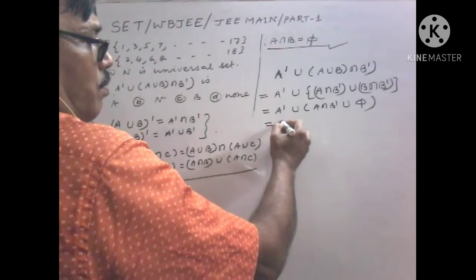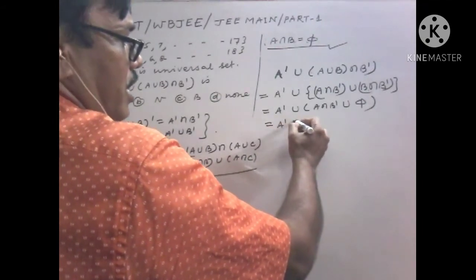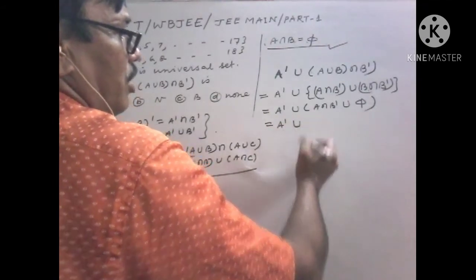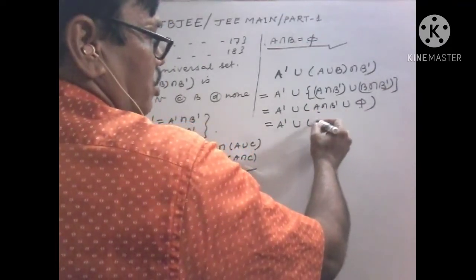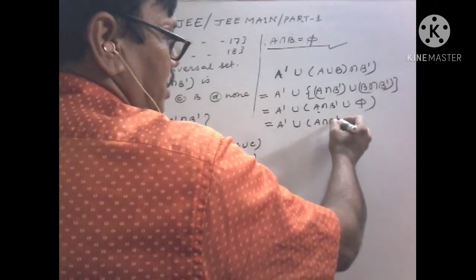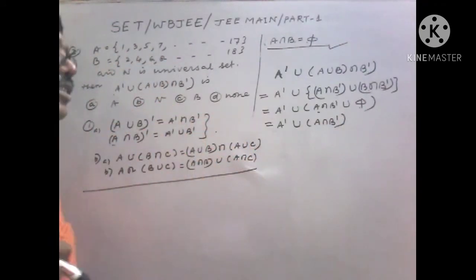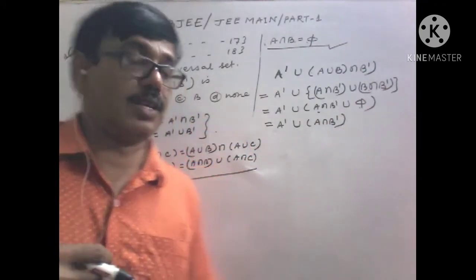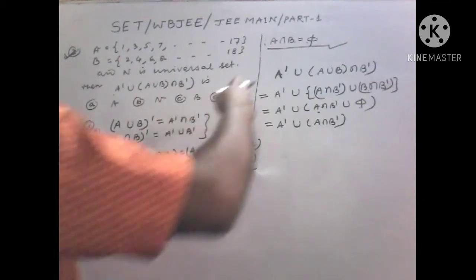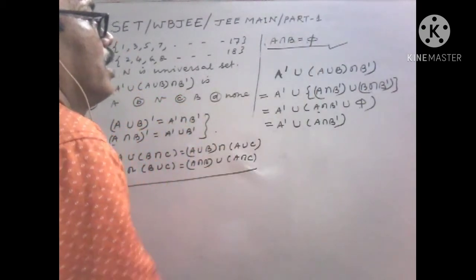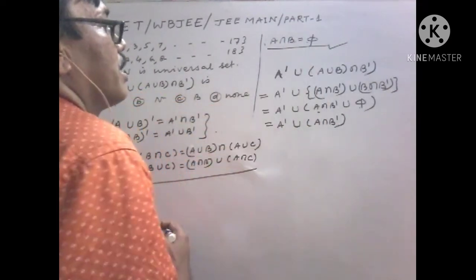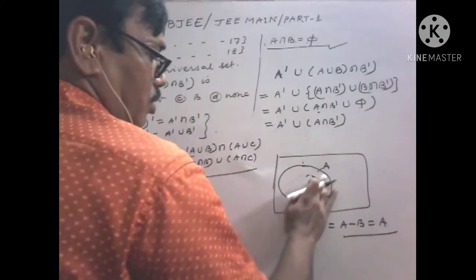So the union of two sets: A dash union A intersection B dash.